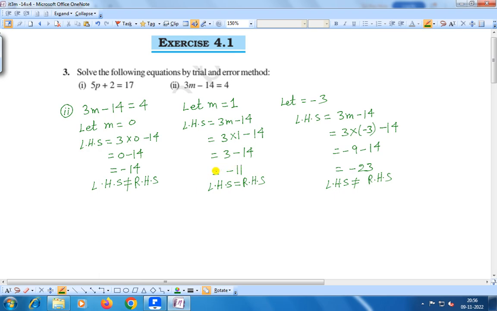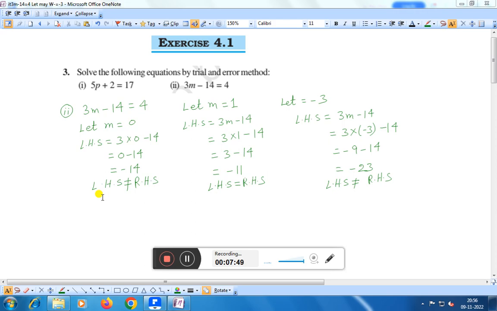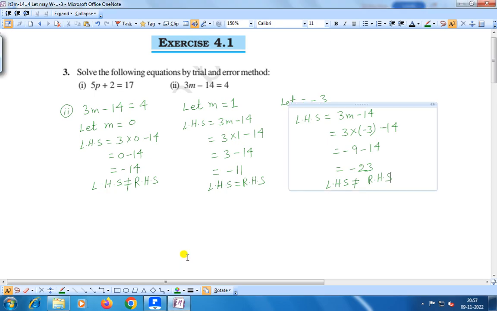Right? Now we are not getting the value. Now if we take another value, let us take m is equal to 5.